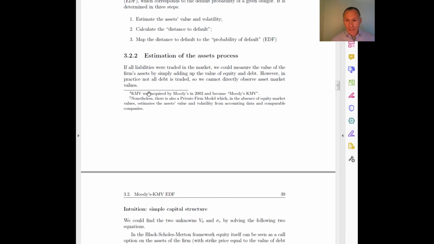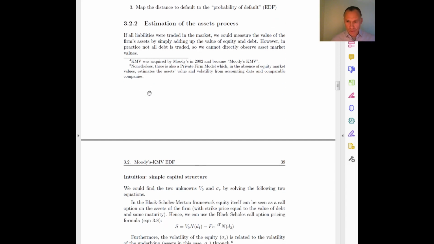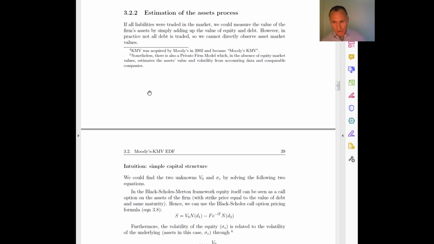First, estimation of the assets process. We are in the context of Merton's model, and as you recall, the asset is the main driver in Merton's model. But we actually cannot observe the value of the assets.